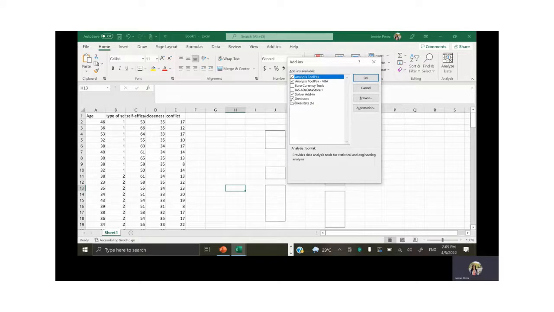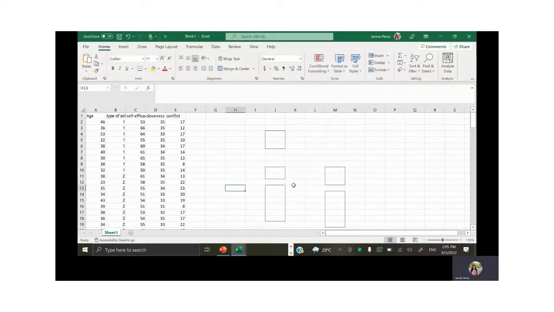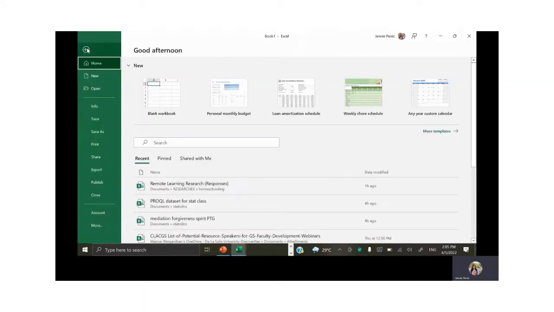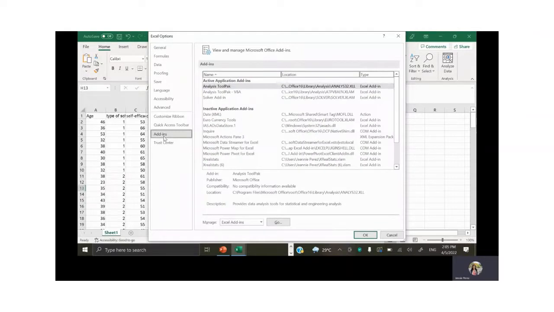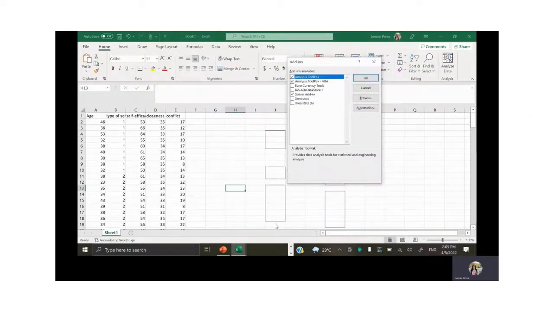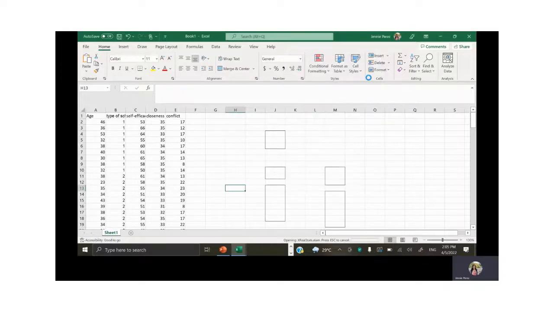If it is already checked and your RealStat is not yet working, you just uncheck it and click OK. Then you go back again to File, click More, Options, Add-ins, click Go, check again RealStats, and click OK.